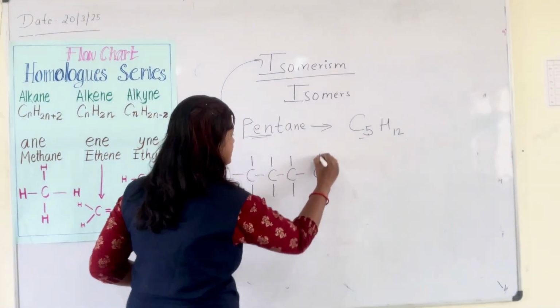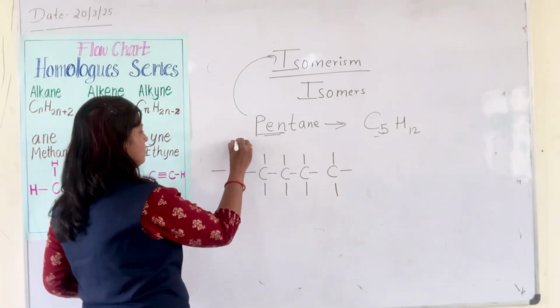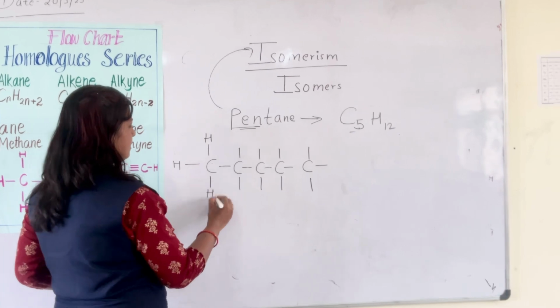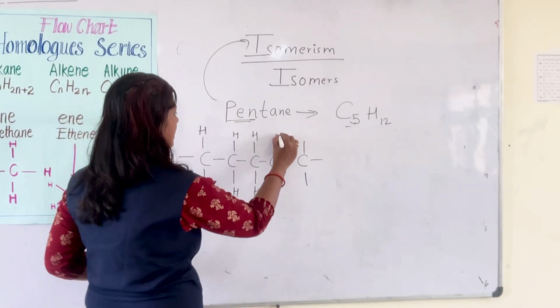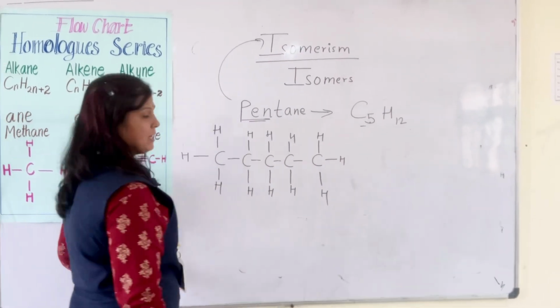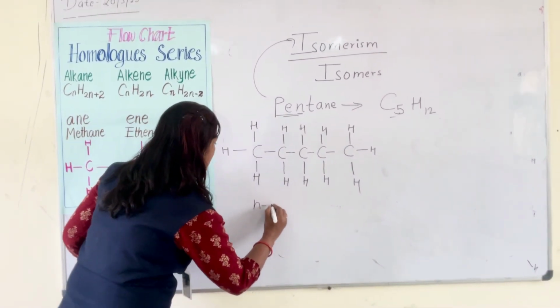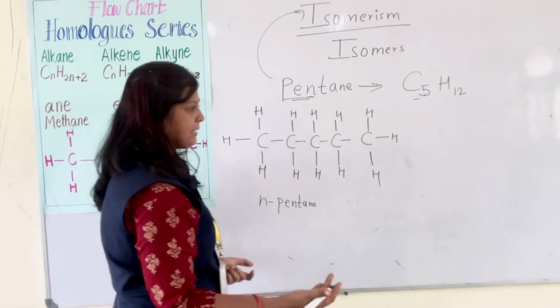More 2 bonds. This carbon 1 is there. Put 3. Now satisfy with hydrogen. 1, 2, 3, 4, 5, 6, 7, 8, 9, 10, 11, 12. What is the name? N-pentane. Clear?